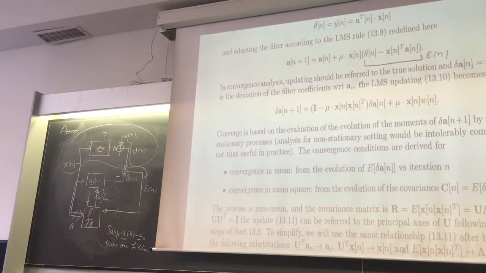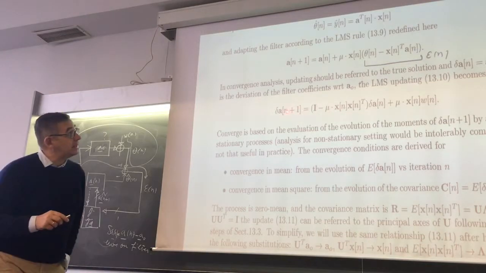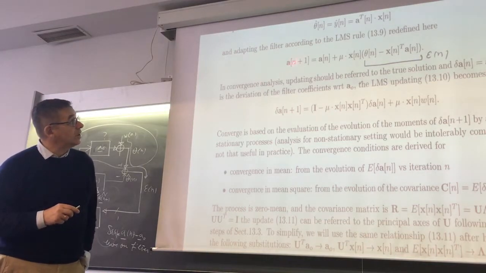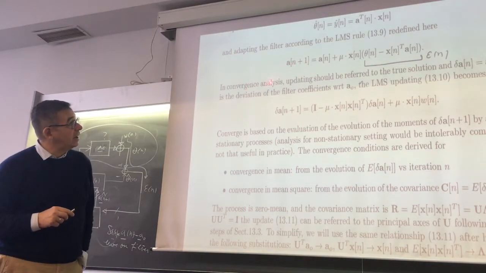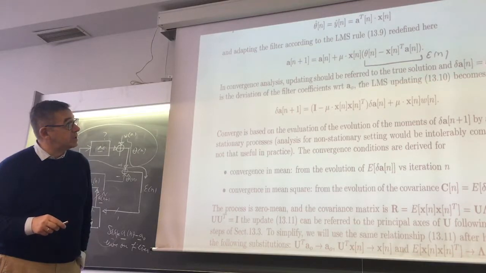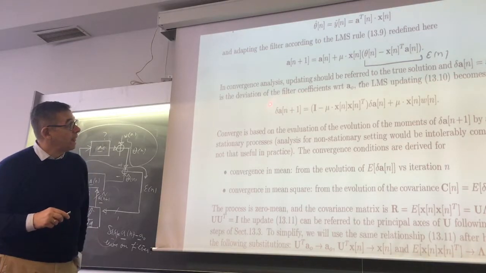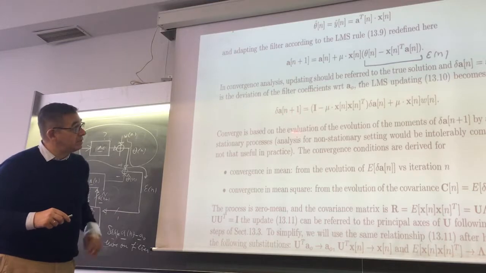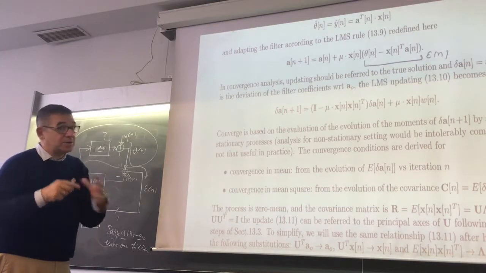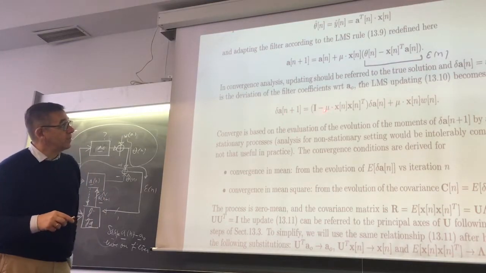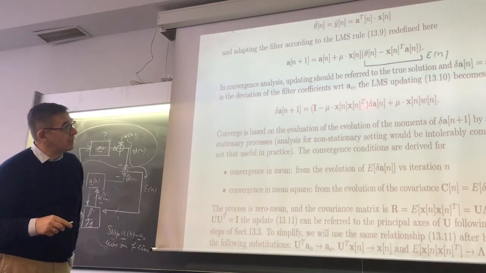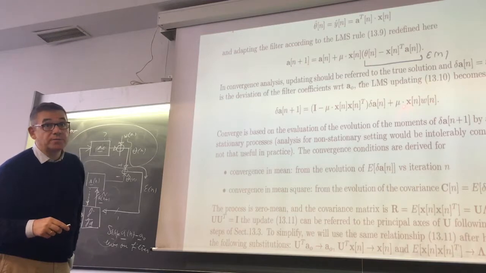So for this reason, when I write the error and calculate this delta A, which is A_n minus A_0, and I plug it in there, which means I just rearrange, what I get is that this delta A_n is equal to a certain matrix times delta A at the iteration before, plus mu times noise.